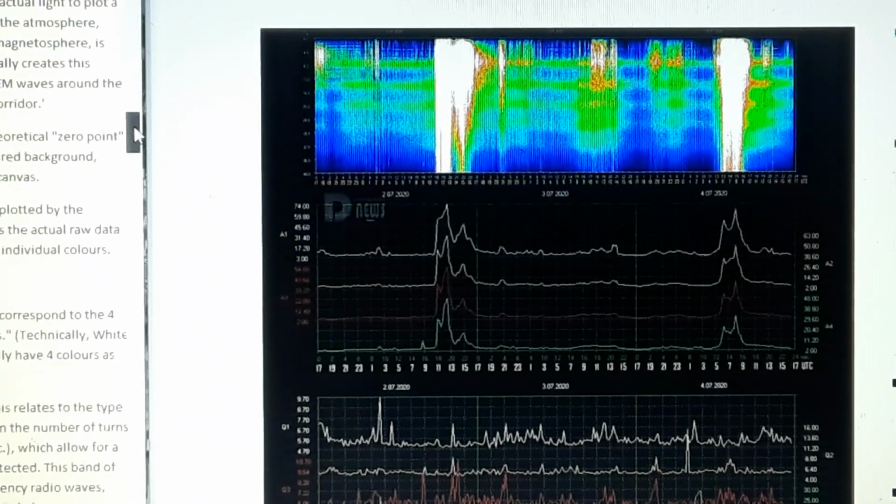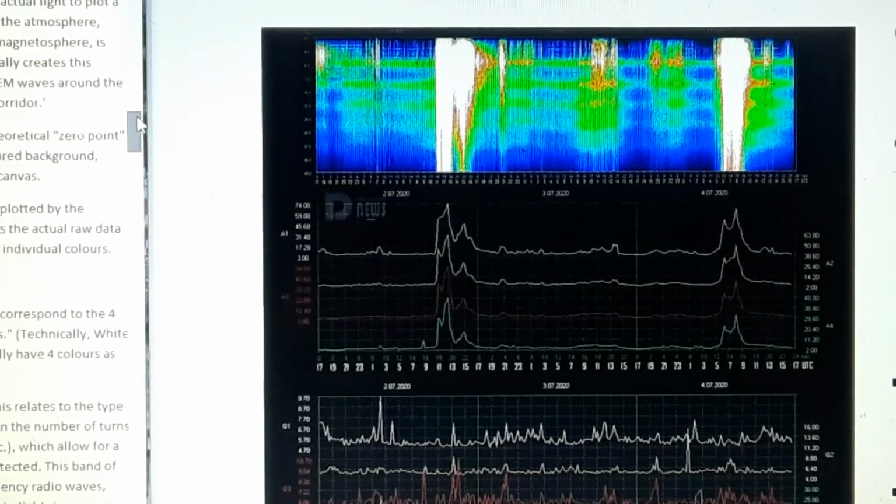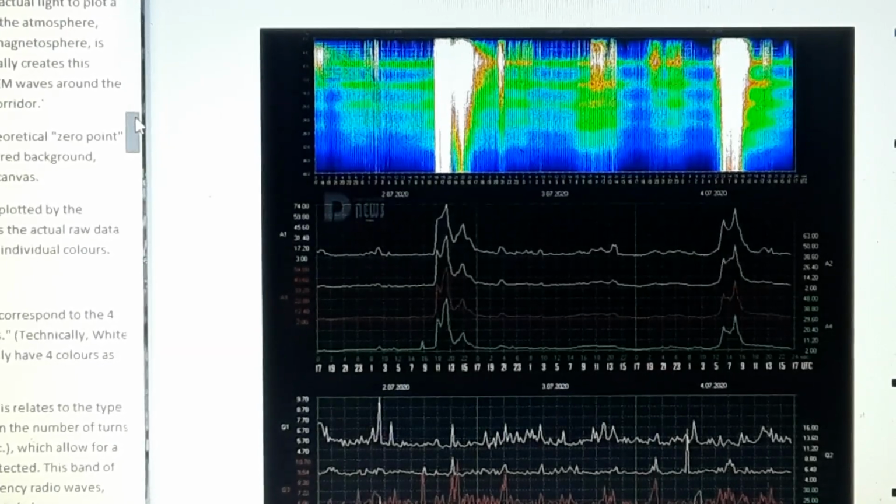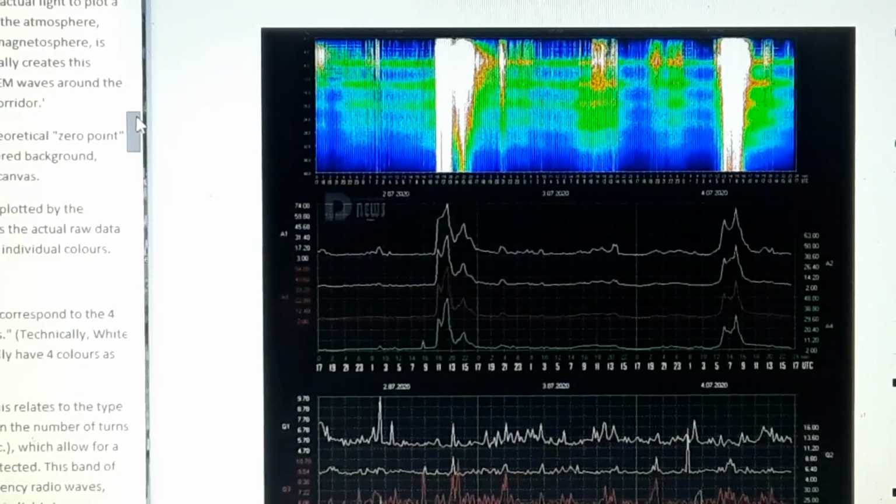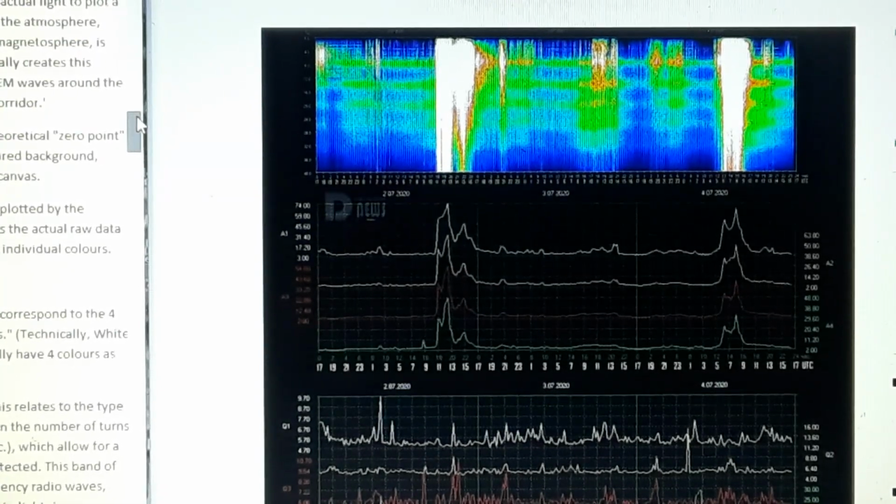All right. So the 12 dependencies use actual light, as you see, so it's not like an ink, it's light, to plot a tapestry of the patterns and the codes, because the atmosphere, which extends all the way out into the magnetosphere, is elastic. This is what essentially creates this weaving pattern of shepherding these electromagnetic waves, the Schumann resonance waves, around the waveguide of the Earth ionosphere corridor.